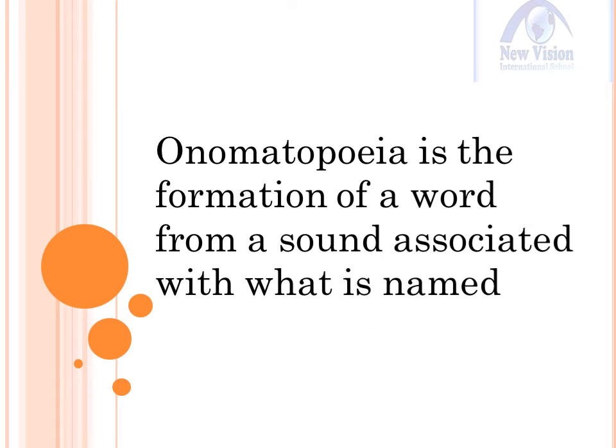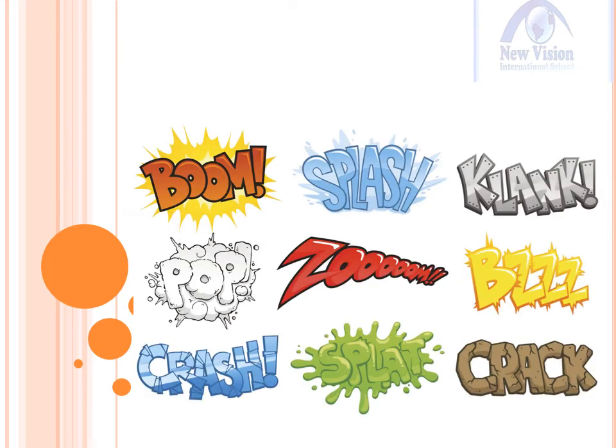Onomatopoeia is the formation of a word from a sound associated with what is named. Onomatopoeia is used for literary effect. These are some of the examples of onomatopoeia.